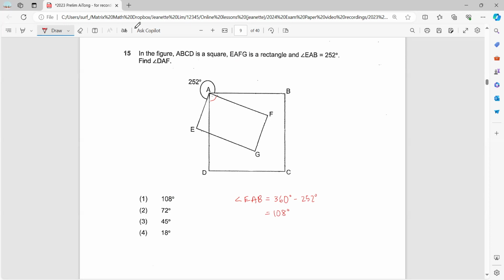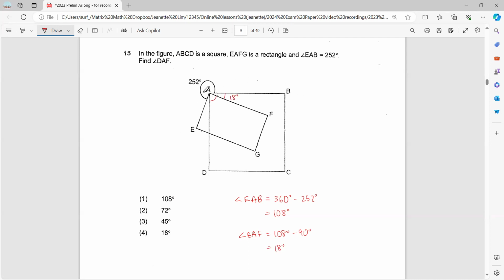108. Now 108 is this whole thing here. Take note that you have a rectangle, which means that you have a right angle here. So to find angle BAF, we will take 108 minus away the right angle. Okay, EAF is the right angle. Minus that off, and you'll get 18. So this here is 18 degrees.